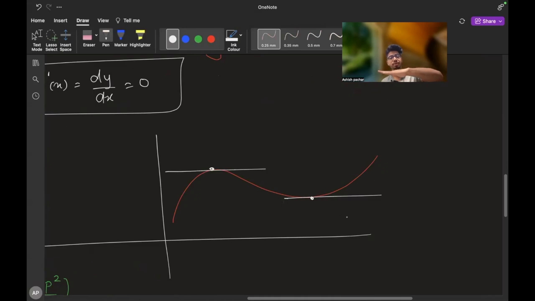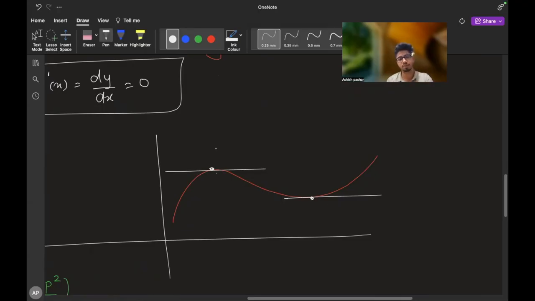If the tangent is parallel to the x-axis, there is no slope. Slope is steepness, how steep it is. So at this point, the tangent is a horizontal line, there is no slope.